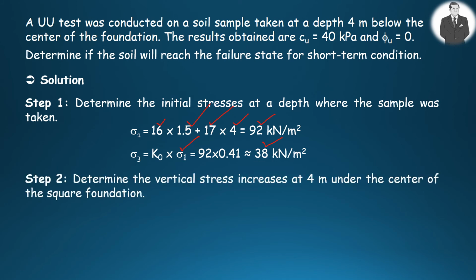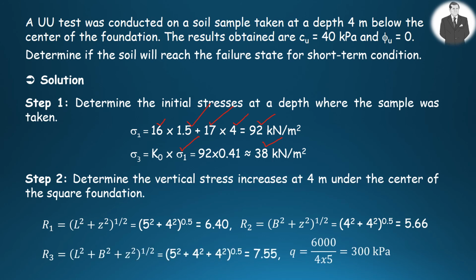The second step is to calculate the vertical stress increases at 4 meter under the center of foundation. To do this, we generally use Boussinesq equations. Initially, we calculate the parameters R sub 1, R sub 2, R sub 3, and Q needed for the equation.